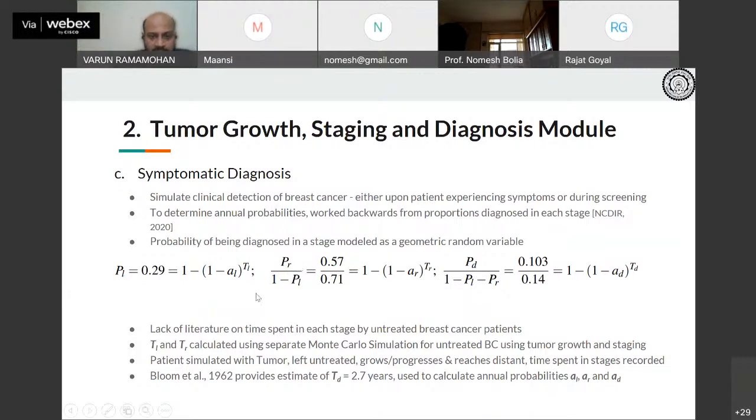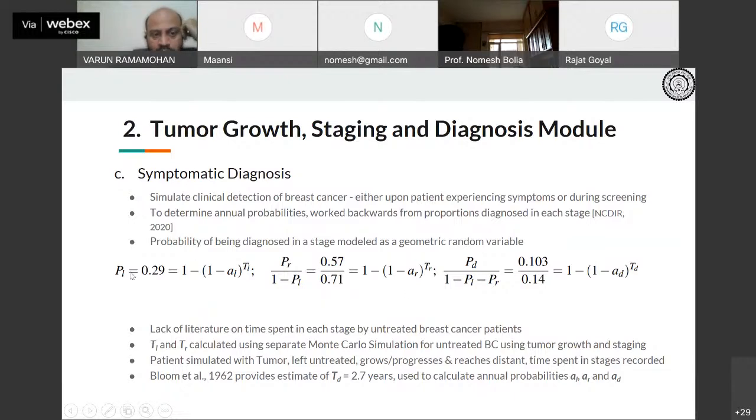so we use data from these reports to calculate the annual probability of diagnosis for a patient in a given stage. Okay, so what we need is the annual probability of diagnosis. So these A's, right? The AL, AR, and AD. AL is the annual probability of diagnosis in the local stage, AR is the annual probability of diagnosis in the regional stage, and so on.